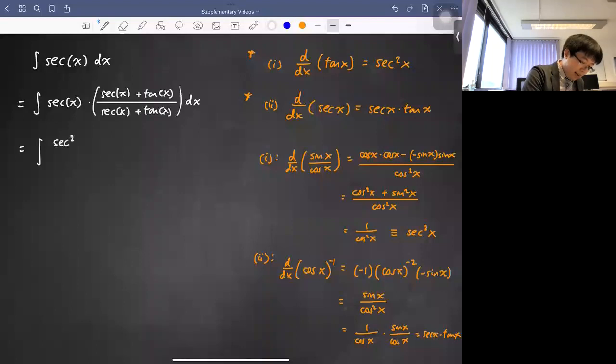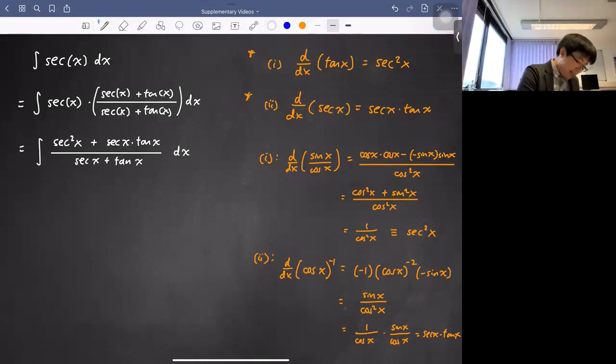Now let's simplify on top. I have secant squared x plus secant x tangent x, and on the bottom, obviously, it's just what we have there. Now we start to recognize some of these factors. Secant squared x is the derivative of tangent x. So let's rewrite this a little: I'm going to move the dx to the right-hand side, writing d tangent x equals secant squared x dx.